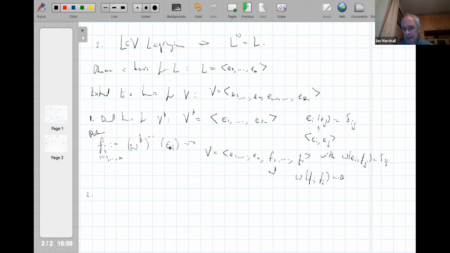I don't care about the last ones. They were linearly independent, so these are also linearly independent. And omega(Fi, ·), which accepts another vector, is equal to epsilon i. That's exactly what this means. So when it hits an Ej, it gives me delta ij, and if it hits one of the others, it gives me 0.